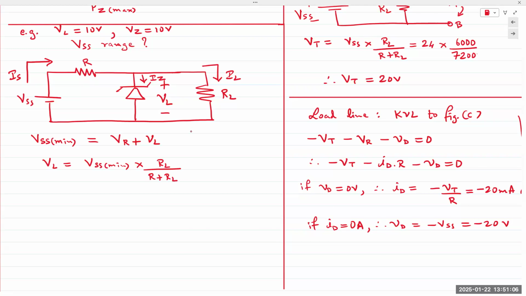If I rearrange the terms, I can find VSS min. So VSS min is VL times R plus RL divided by RL.